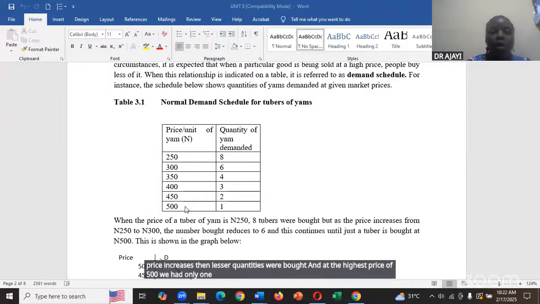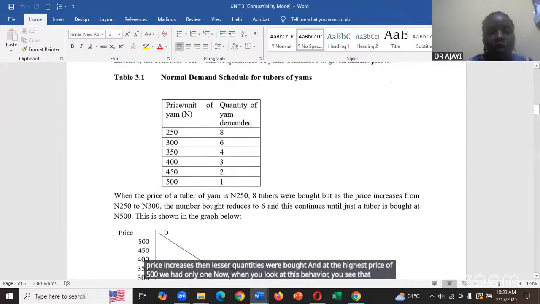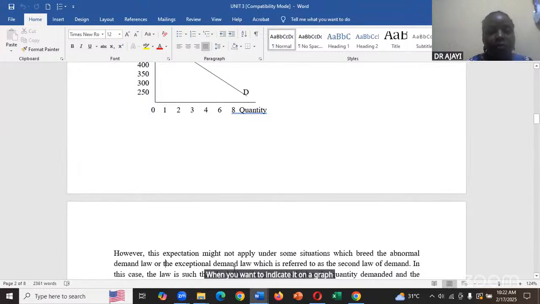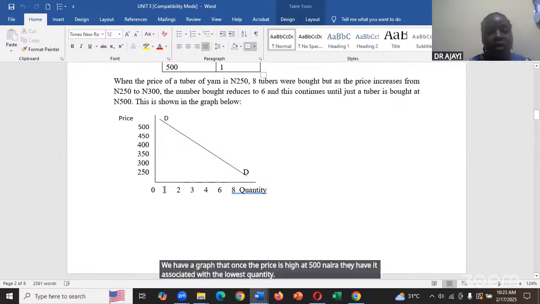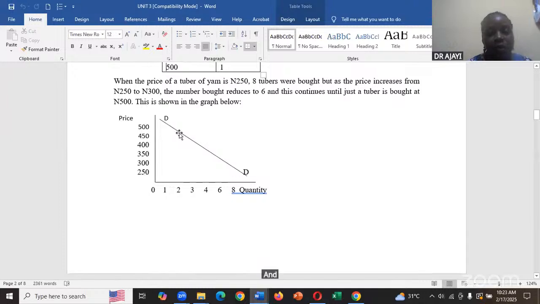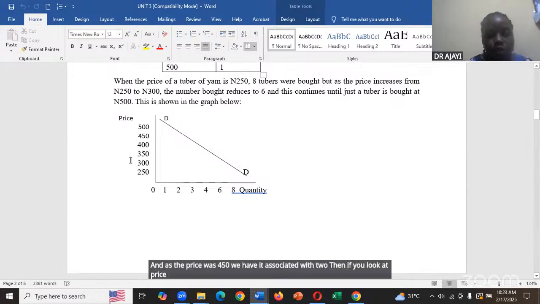Now, when you want to indicate this behavior on a graph, looking at this graph here, once the price is high at 500 naira, we have it associated with the lowest quantity. And as the price was 450, we have it associated with 2. Then if you look at price 250, you will see that that is associated.